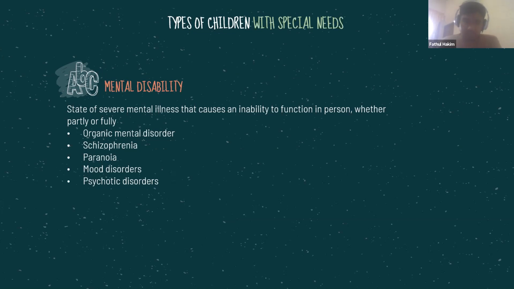But to be included in this category, you must have two criteria. First, the person must undergo psychiatric treatment for at least 2 years. And second, there is evaluation by the psychiatrist whether the disease affects the daily function of the person or not. Okay, next.